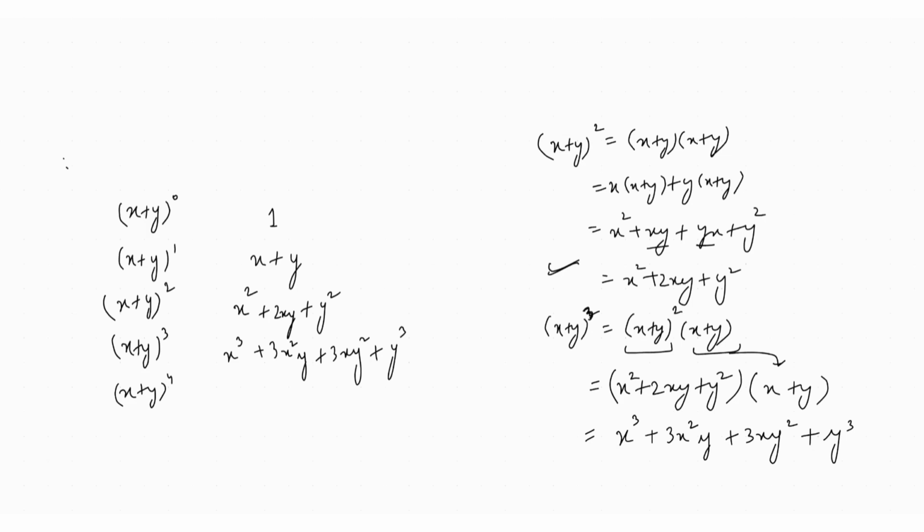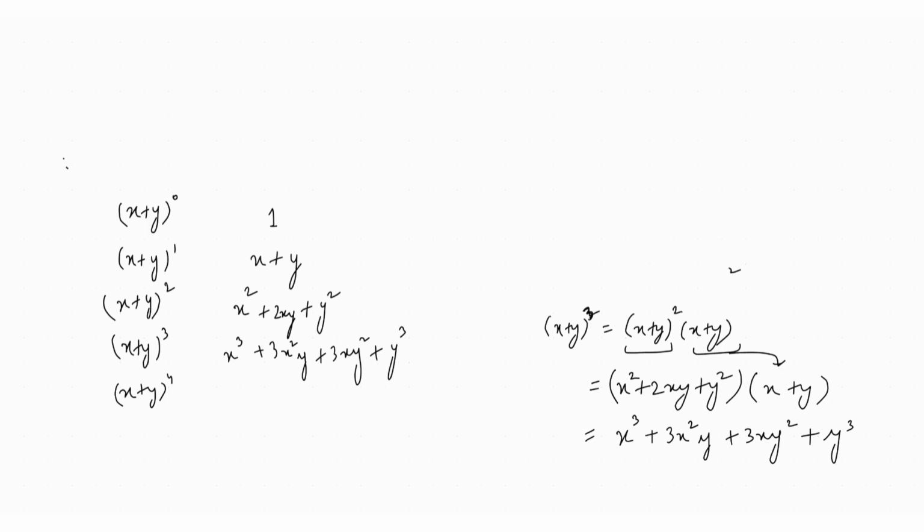For example, if I directly ask you, what is x plus y whole to the power 40? Are you going to multiply this 40 times? No, it's difficult. So what we are going to do is we are just going to observe the pattern in the expansions which we have written on board.